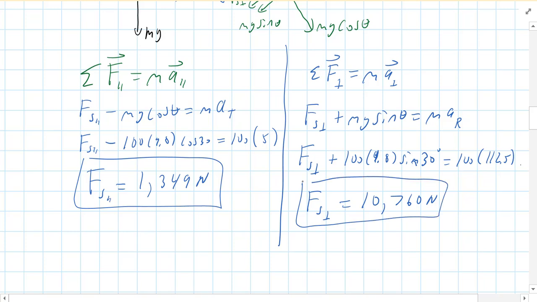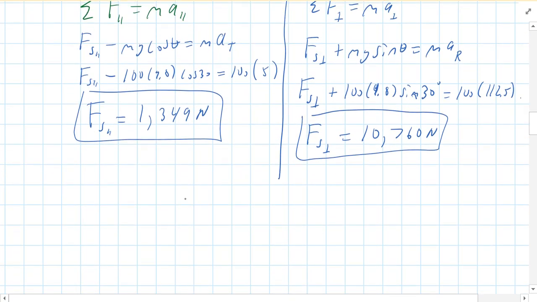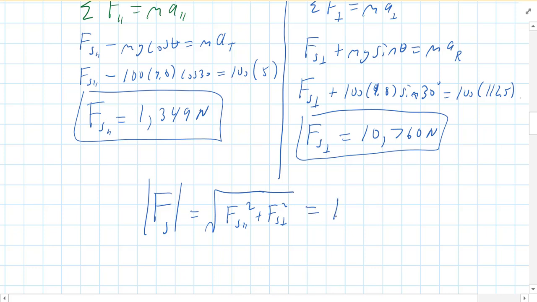So there's a lot of force acting on this pilot, and she's probably in trouble, passed out at very least, okay? And then at this point, if you want to find the total force of the seat, you would just Pythag these, right? You would Pythag the force seat parallel, square that, plus force seat perpendicular, you got to square that. I plug the numbers in my calculator. I got 10,844 newtons.